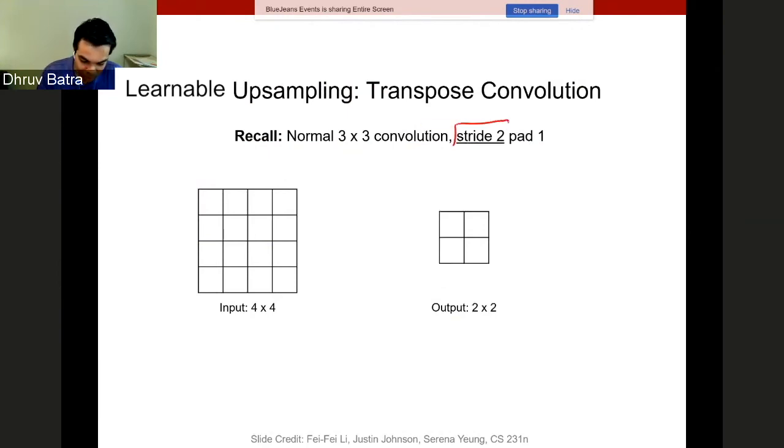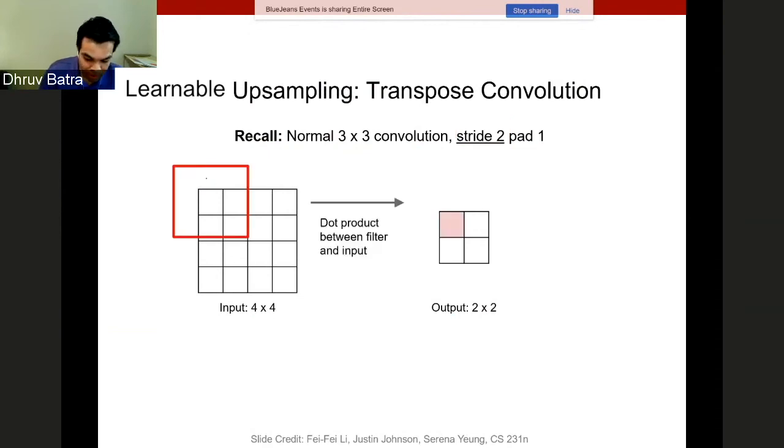recall that when you have greater than one stride in a regular convolution, the output size is smaller than the input size. So if you have greater than one stride, what happens is that you skip pixels on the input. You do not skip pixels on the output. You are still going from y0,0 to y0,1.